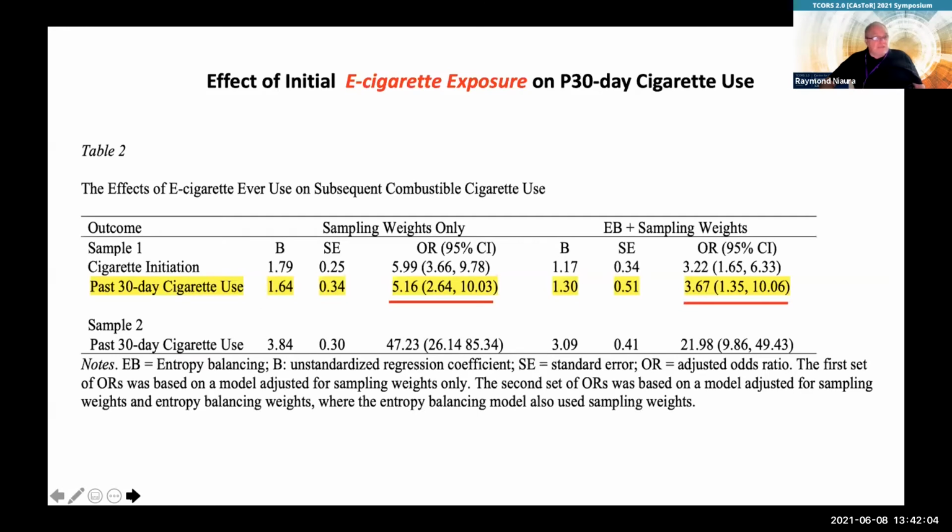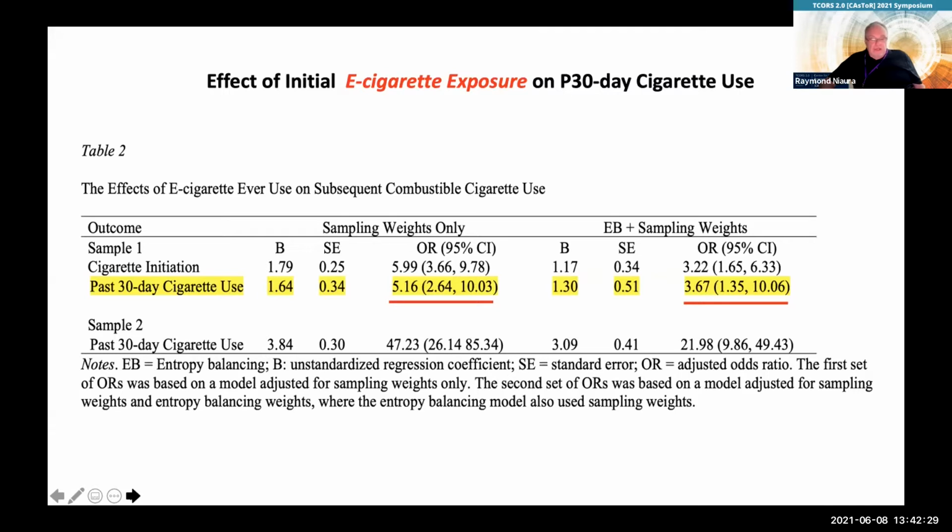All right, and this is the outcome of the analysis. Here we're looking at the effects of initial e-cigarette exposure on tobacco-naive youth, and then 1 year later, past 30-day cigarette use.